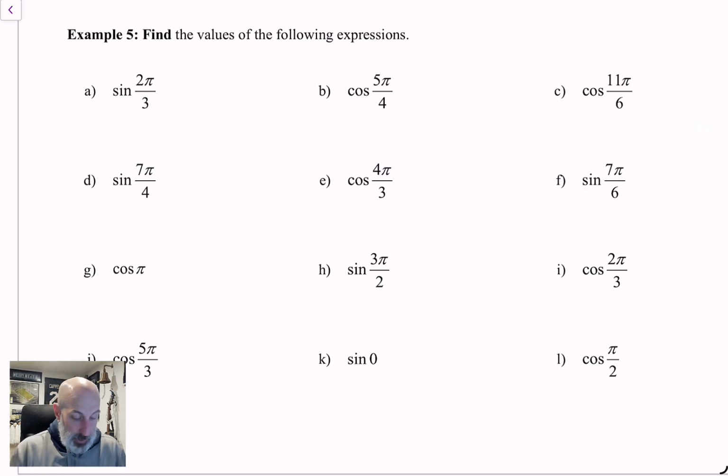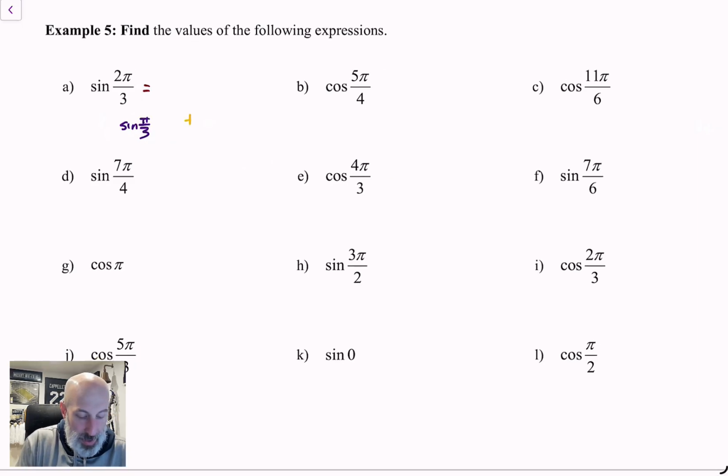For me, when I'm looking at something like the sine of 2 pi over 3, I think, hey, it's going to have the same numeric value as what the sine of pi over 3 is, but it may be positive or negative. I determine the positive or negative part based on its quadrant, and I determine the numeric part based on the angle, and specifically the angle's denominator here.